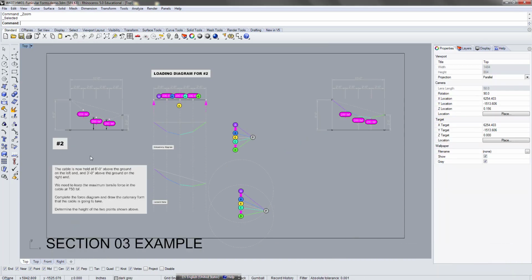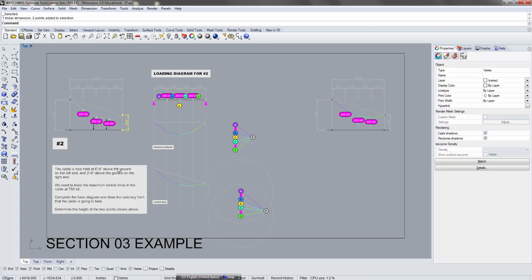Okay, so this is example 2 of section 3. The only difference between this and section 1 is on the right hand side it's lower, and also the maximum tensile force is now 750 instead of 500.